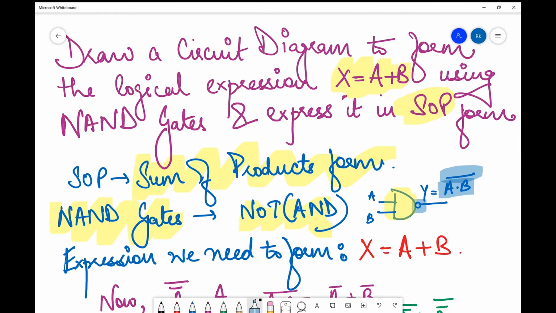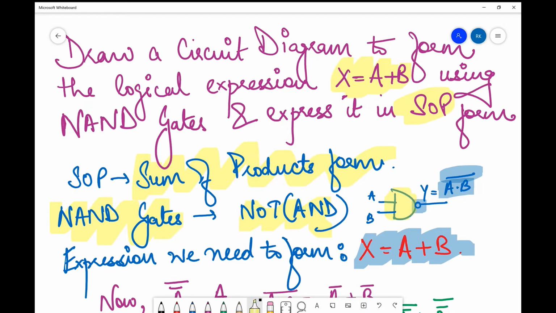Now we need to form this expression x equals a plus b using these types of gates. How do I proceed? What is my approach in solving such a question?